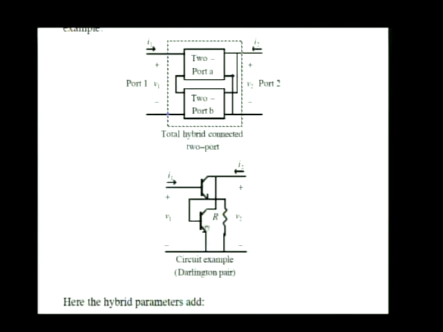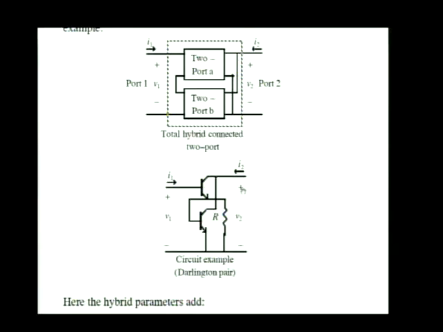You can consider two transistors connected in this fashion, transistor 1 and transistor 2, or transistor A and transistor B, connected as shown here. This is a Darlington pair of transistors. This is a very common type of circuit to encounter in electronics. And it is a hybrid interconnection. You see the series interconnection on port 1, and you see the shunt interconnection on port 2.